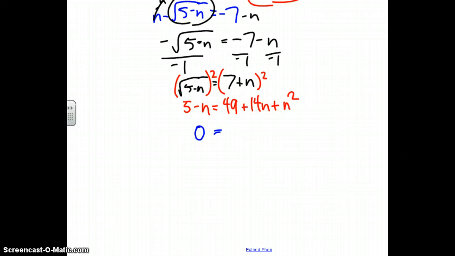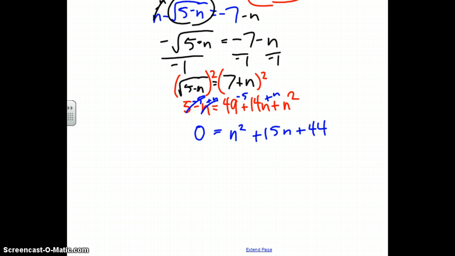Rearranging a bit, we have n squared, subtracting the 5, and adding the n. So we have n squared plus 15n plus 44, and then hopefully we can factor it.